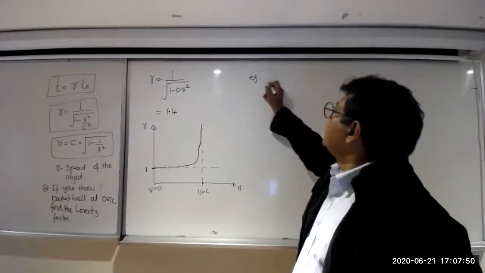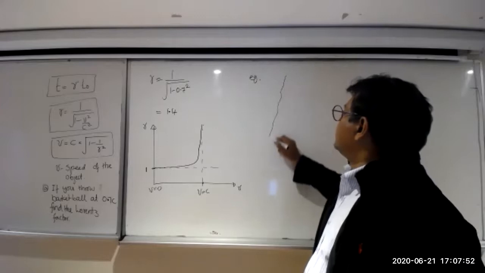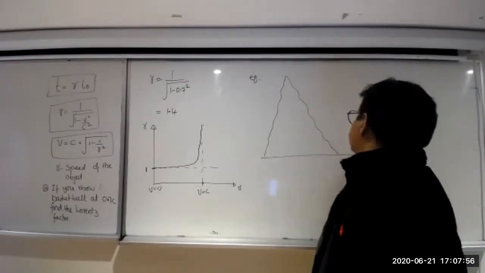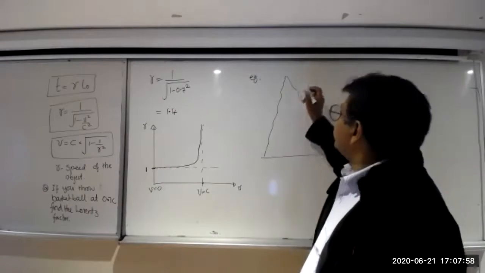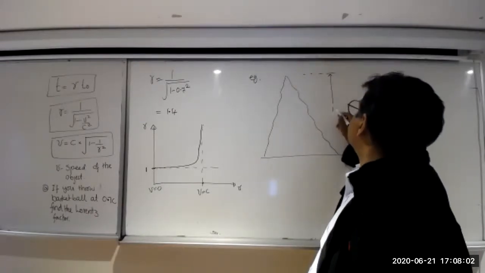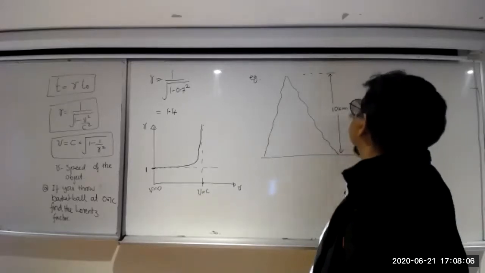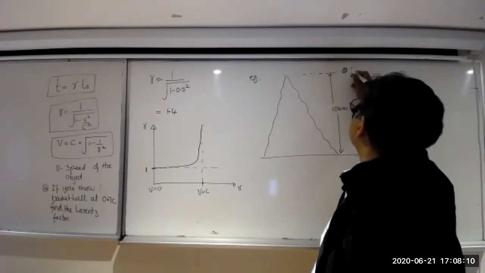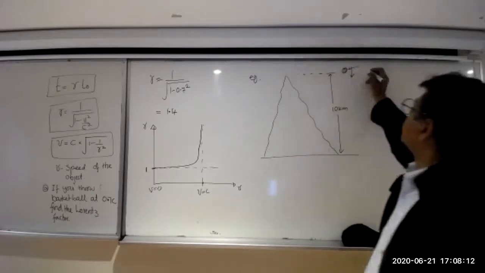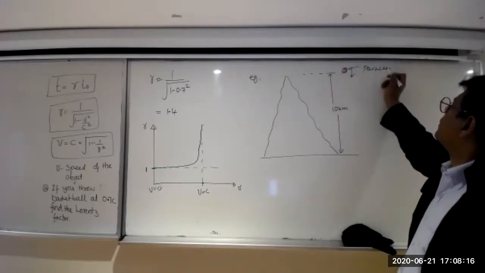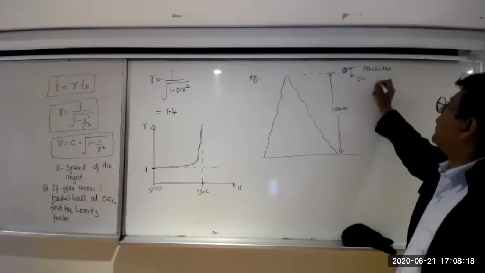Example: some tiny particles are coming down to the ground. They're traveling a distance of 10 kilometers. They're traveling at quite high speed, say 0.99 c.